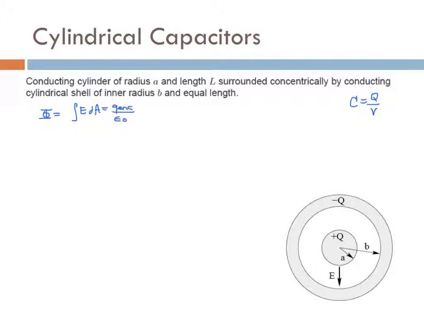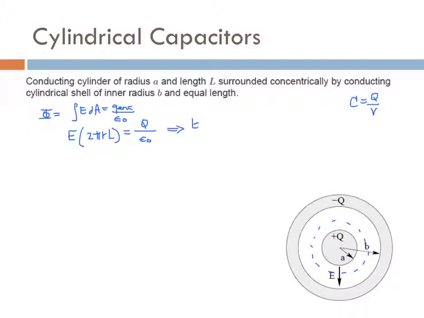Okay, so we're trying to solve for the potential between a and b. First off, I want to solve for my electric field between a and b. Again, it's going to be a constant, so I'm going to pull that out. My area, in this case, is a cylinder, but we're seeing a side view, so this is 2 pi rL. My charge enclosed is positive Q, and then we have epsilon naught.